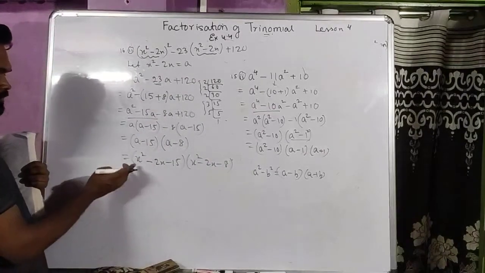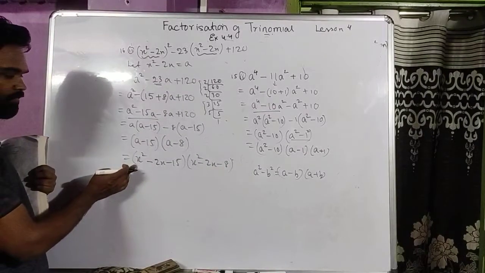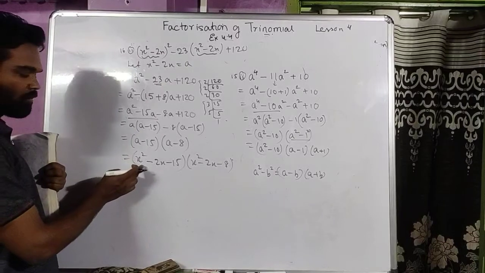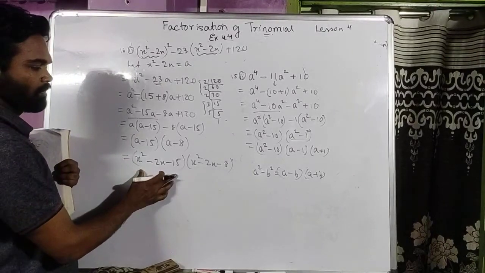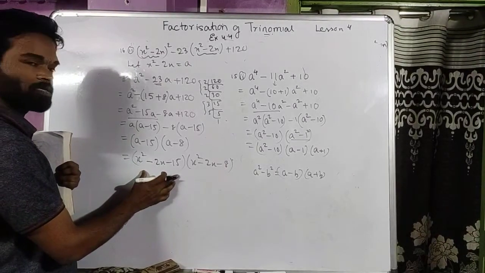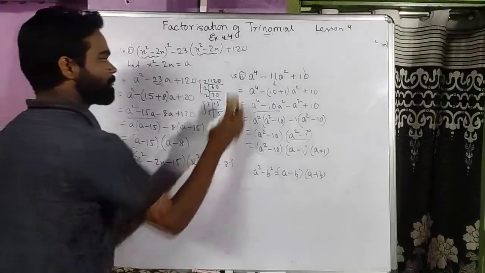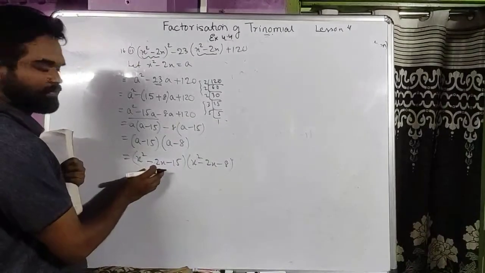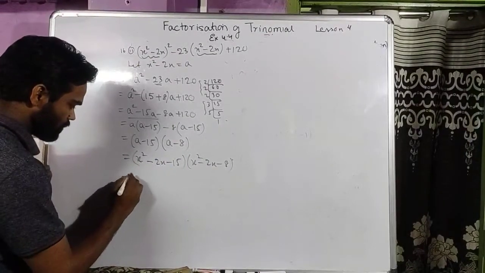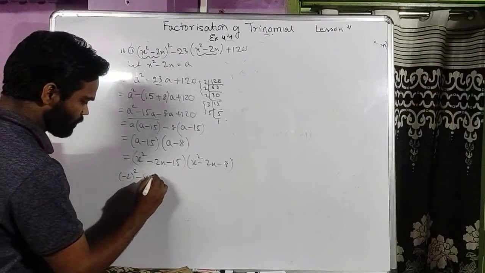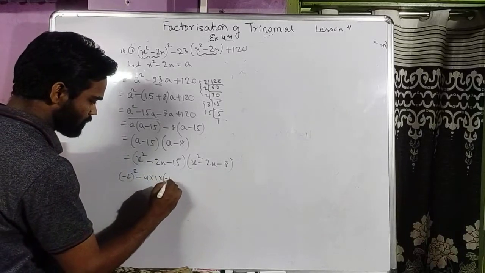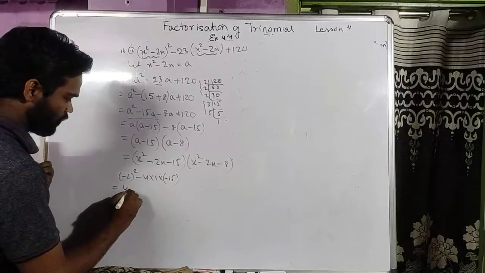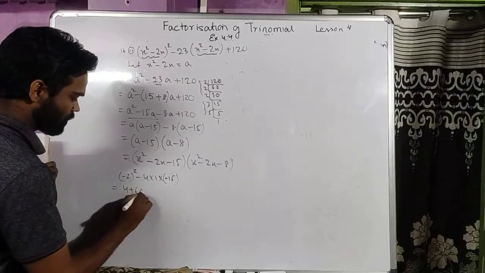Now if you look carefully, this is again in the form of ax square plus bx plus c. So this can be factorized and this also, we'll see. We'll calculate b square minus 4ac. So b square minus 4ac gives you 4 plus 60, sorry.